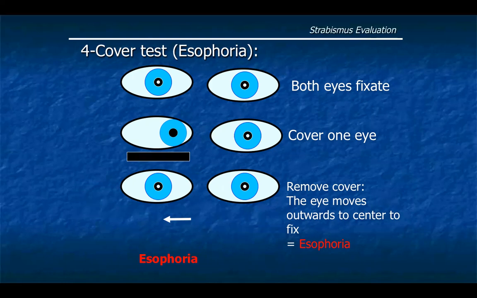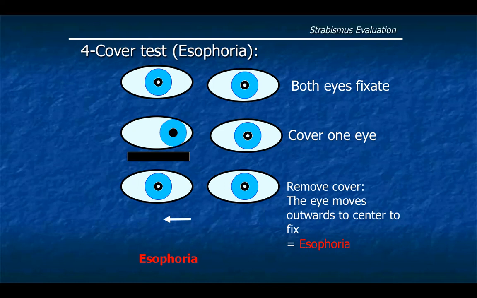We cover one eye, for example, the right eye. And then under the cover, because there is latent strabismus, there is esophoria, the eye moves inwards. We remove the cover. The eye moves from inwards to outwards to reach the center to pick up fixation. This direction of refixating movement means the eye was convergent under the cover. So there is esophoria.